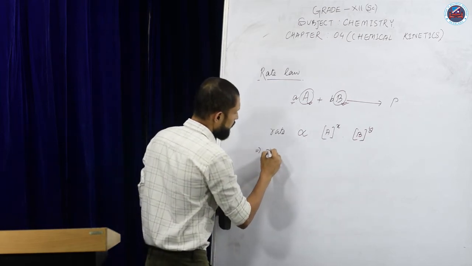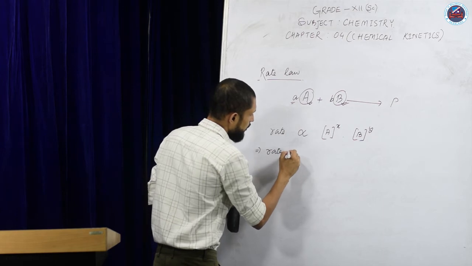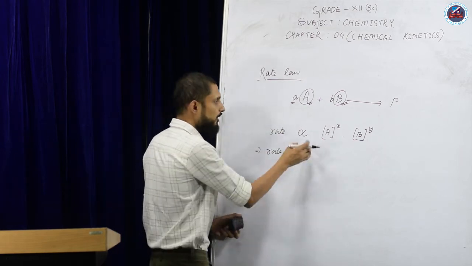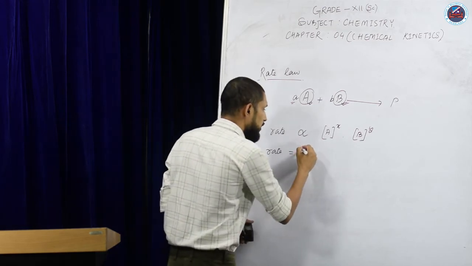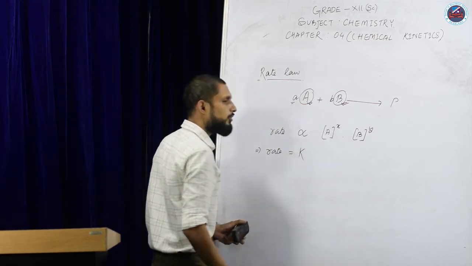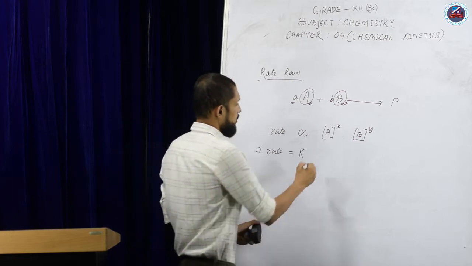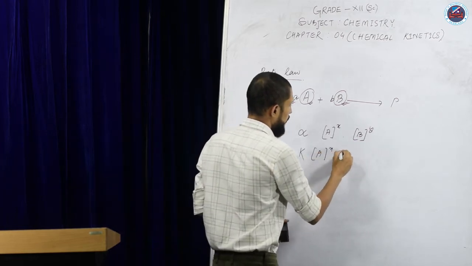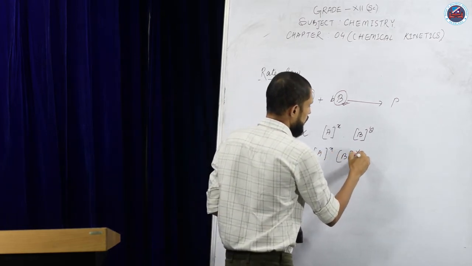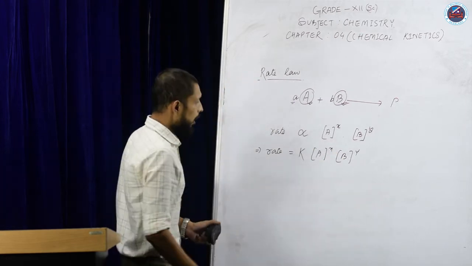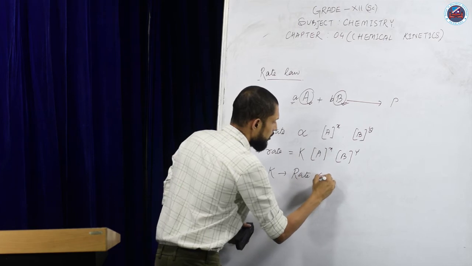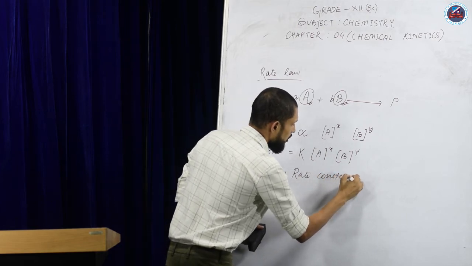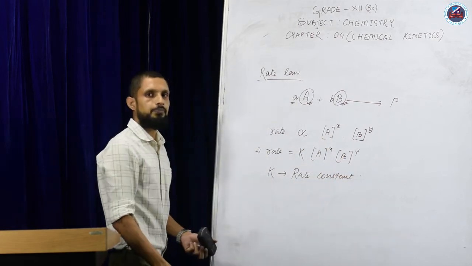So next, rate is equal to... Now if you replace the proportional sign with an equal sign, you need to put a constant. The constant we use here is k. Rate equals k [A] to the power x, [B] to the power y. Now k represents rate constant of a reaction.